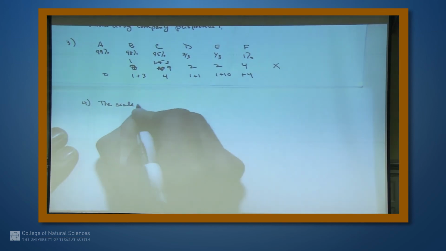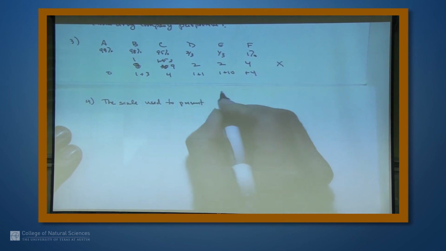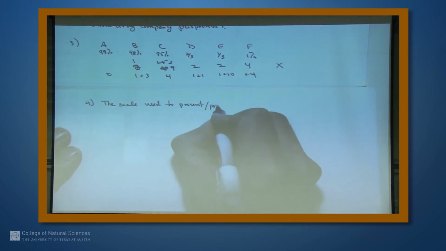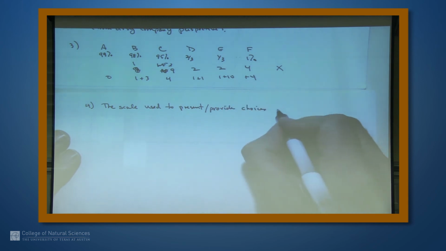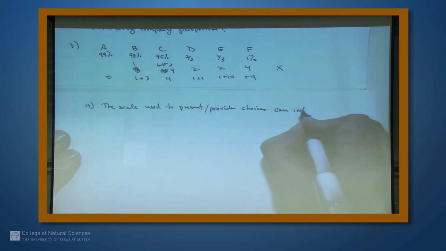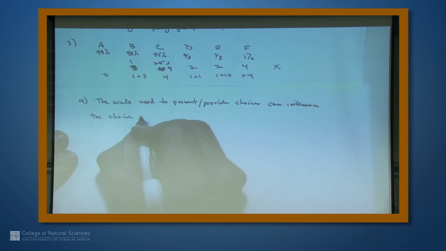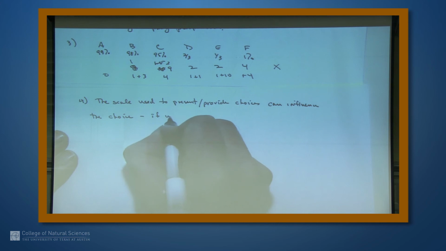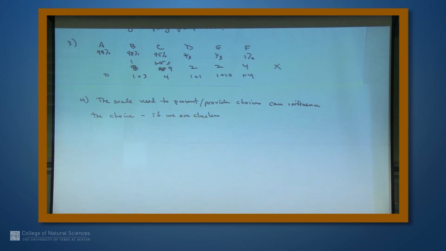The scale used to present or provide choices can influence the choice. In particular, if we are clueless about what the choice should be, and there's a range of numbers there, what do you think people do?